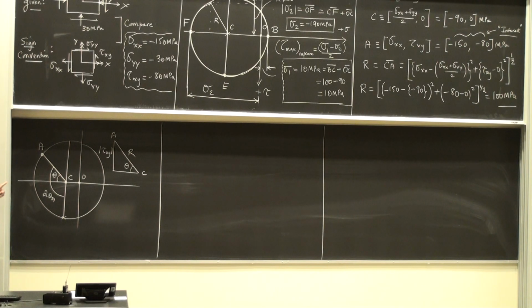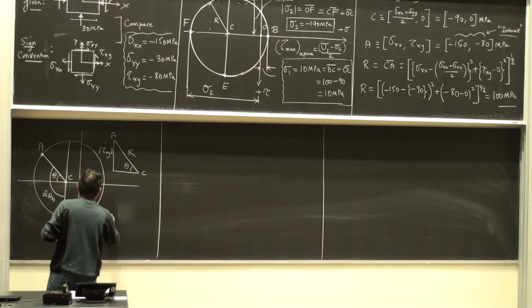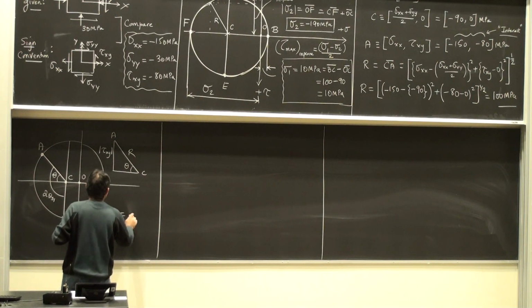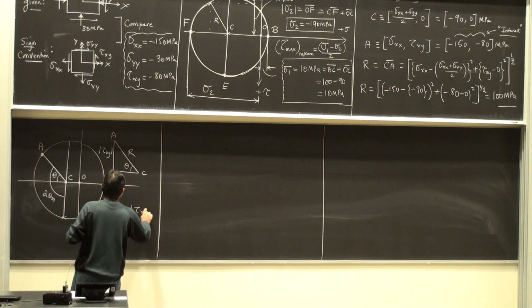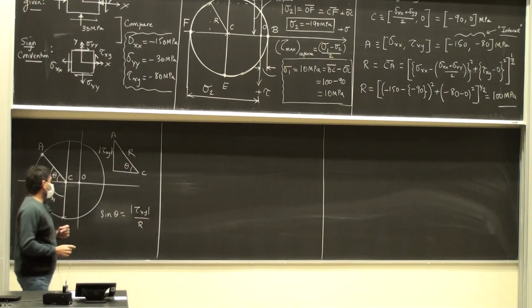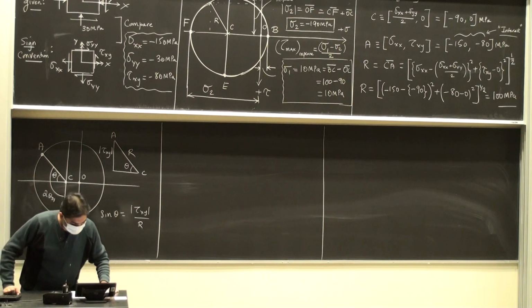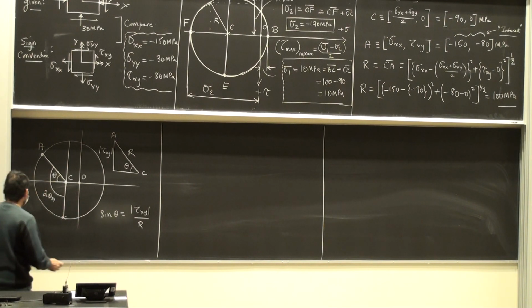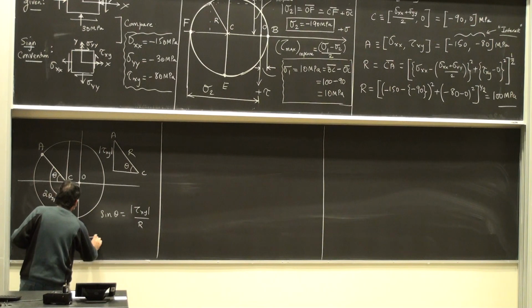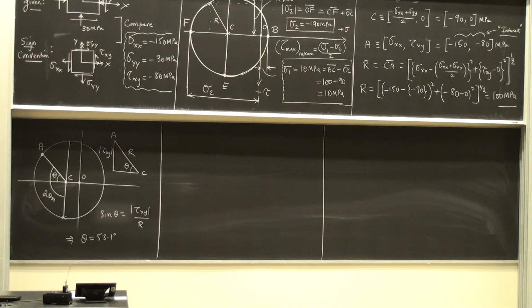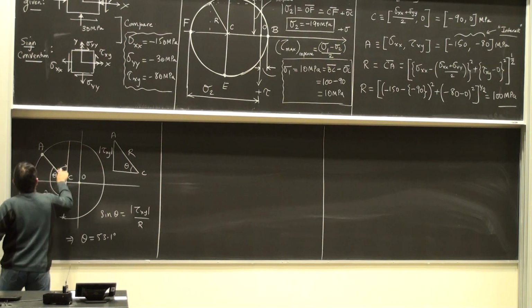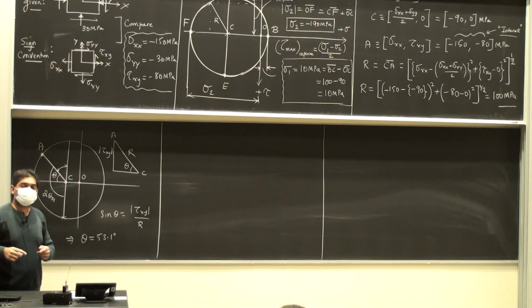So theta is going to be sine inverse of magnitude of tau xy divided by R, or sine theta is tau xy divided by R. And if I find the answer, theta is 53.1 degrees. If this is 53.1, then I'm going to mark this angle here as 90 minus theta, which is 36.9 degrees.